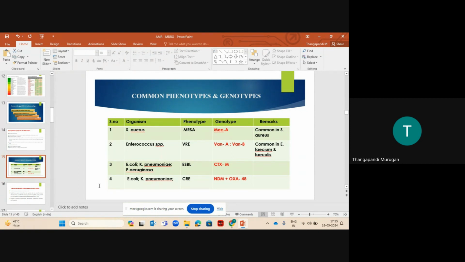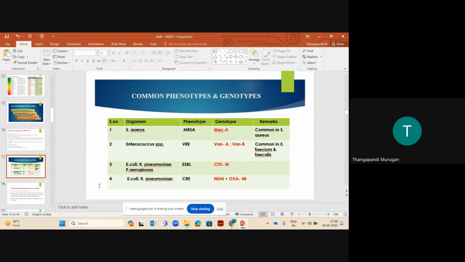For Staphylococcus aureus, that is the mecA gene. You need to understand what the abbreviation is first: the methicillin A gene is the reason for this particular resistance. Then for VRE, it is the phenotype, nothing but the resistance type. VanA and VanB decrease the affinity of vancomycin, which can otherwise bind to the Enterococcus species.